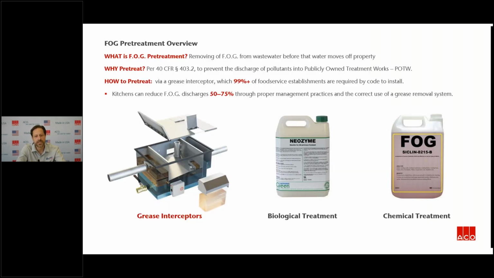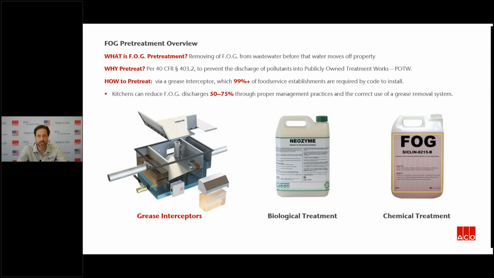There are a number of different technologies that you'll find in the industry. The most common is something that we call a grease interceptor. And this is essentially something that will intercept and hold or contain the grease to prevent it from getting down into your piping network or your systems. It's a piece of technology. There are biological treatments, right? So things like enzymes and bacteria that will go out and break up the FOG and the grease.